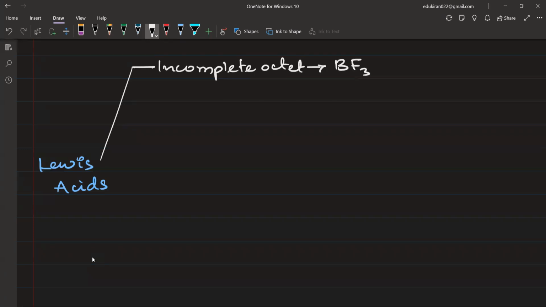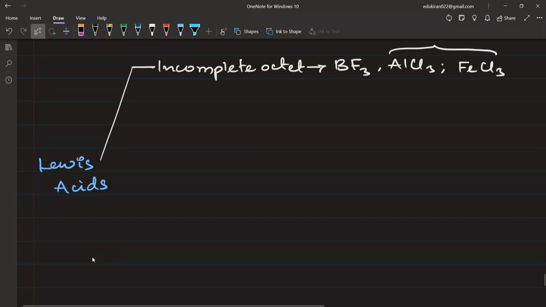In BF3 the octet is incomplete, that is why one of the orbitals is vacant and there we can put in some electrons. So BF3, AlCl3, you can have FeCl3, right? These are important for organic chemistry also. You can have FeBr3. All of these are important for organic chemistry also. These act as Lewis acids in Friedel-Crafts alkylation and acylation reactions.